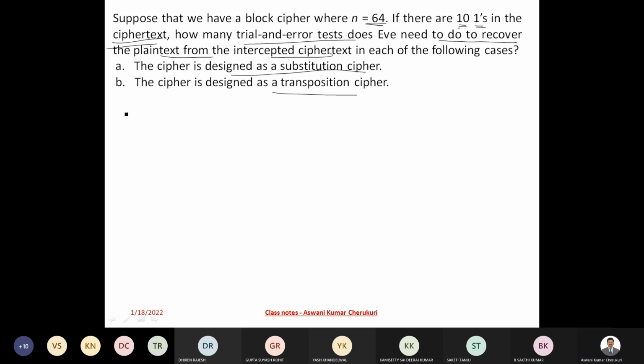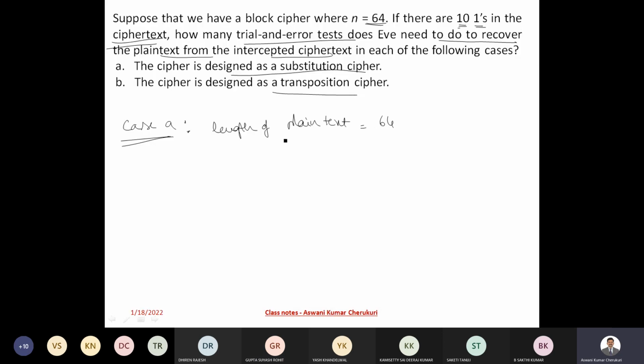What happens in the case of A? What is the length of the plain text? 64. Yes, the length of the plain text is 64 bits. So when you perform substitution, you get 2 power 64 possible combinations, right?